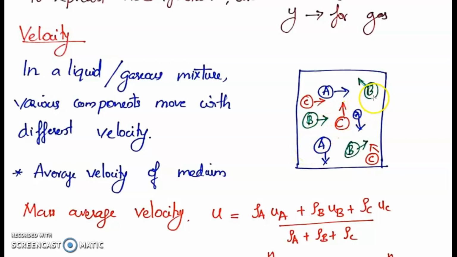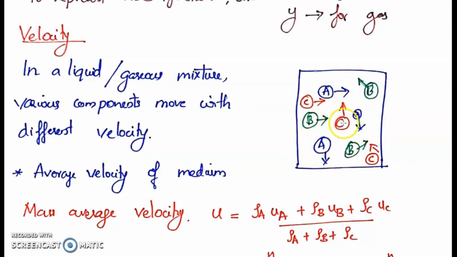So here I am going to introduce a term called mass average velocity. It is simply an average velocity of all the components. The representation of mass average velocity is U. Here, let's say U_A means velocity of A molecules alone. I somehow managed to measure the velocity at which this A molecule is moving inside the vessel.